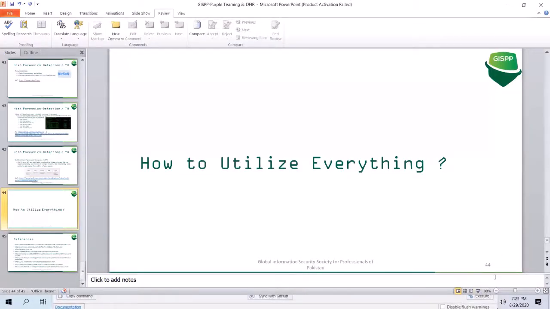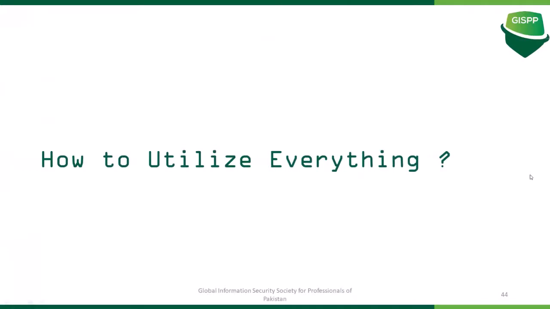So that's it from my side. Just to compile everything, how can we utilize everything? It's always an amalgamation of the complete efforts. We've just gone through the tip of the iceberg. Every single slide has a complete history, complete background, a lot of artifacts, tools that can be utilized.